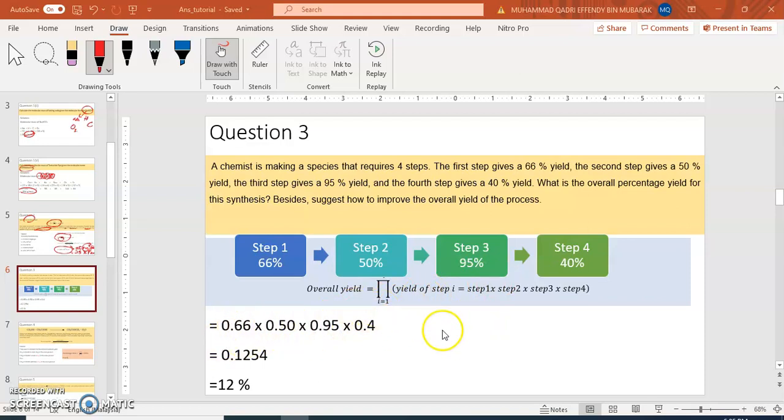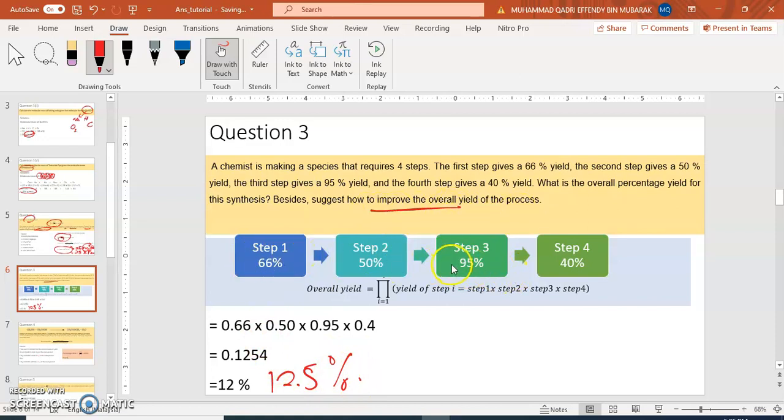We multiply them all together and that gives us 0.1245, and if you convert to percentage it will be 12.5%. The question also asks us to improve the overall yield.